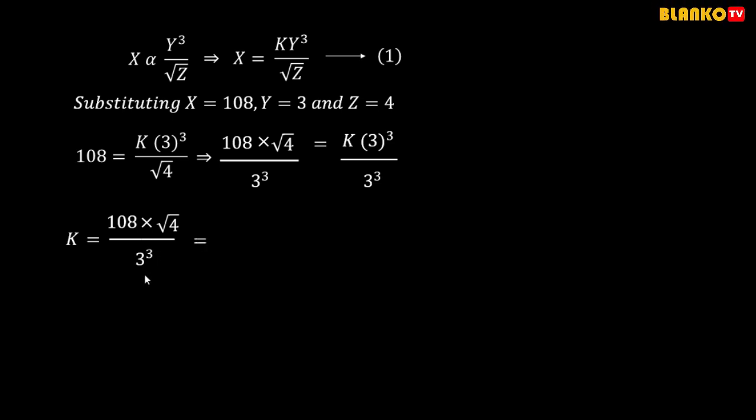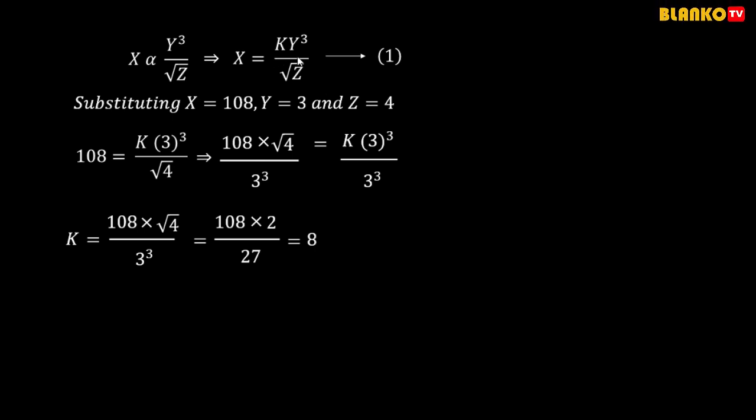The square root of 4 is 2, and 3 cube is 27. So 108 times 2 divided by 27 is going to give us 8. So k is equal to 8. I hope you are following it.